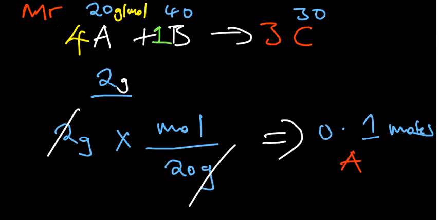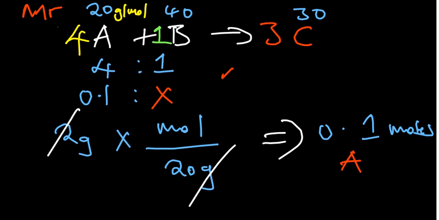So for us to find how much of B will be required, what do we do? This is what I'm calling mole ratios. These are in the ratio of 4 to 1. So if you have 0.1 mole of A, how much of B are you going to have? You put a variable there to represent that. If you cross and multiply, you have 4x equal to 0.1.